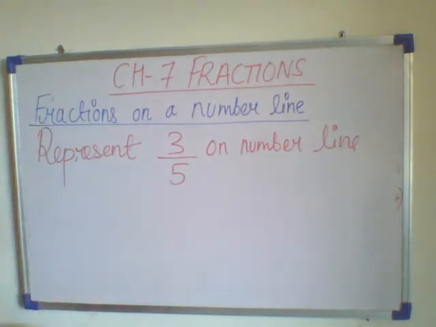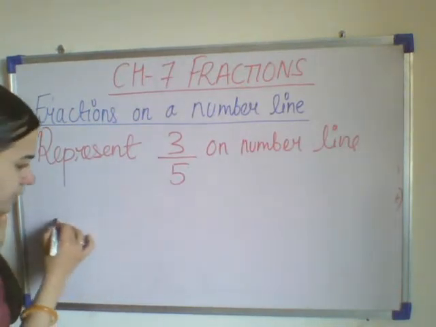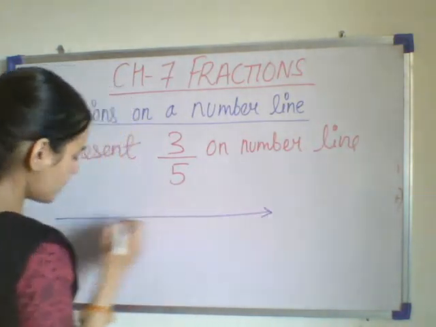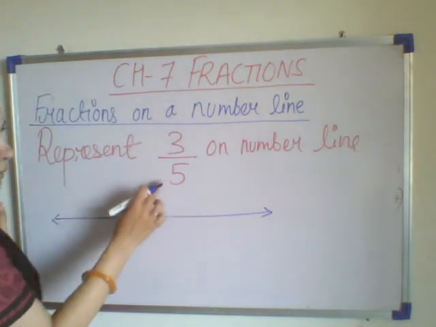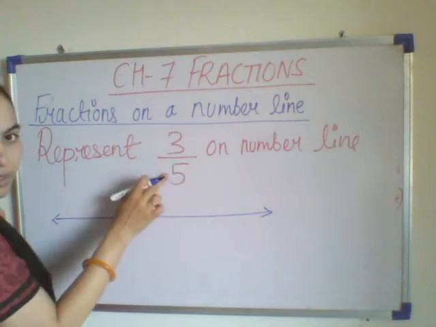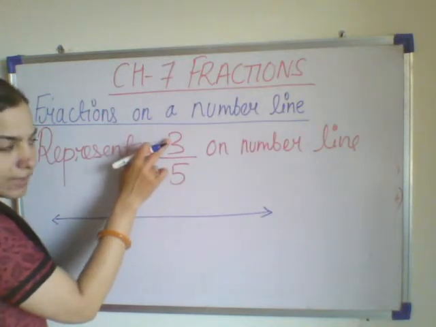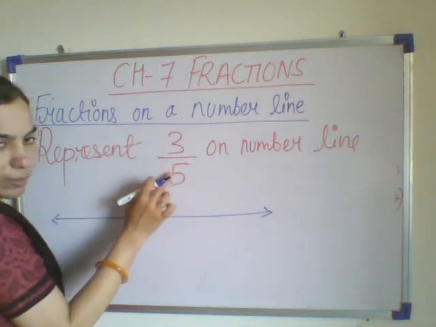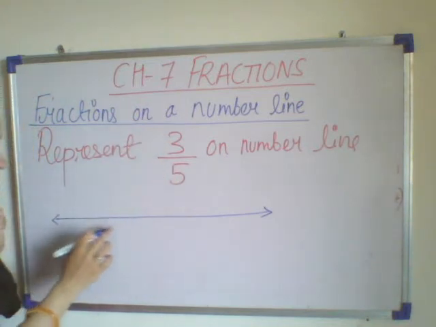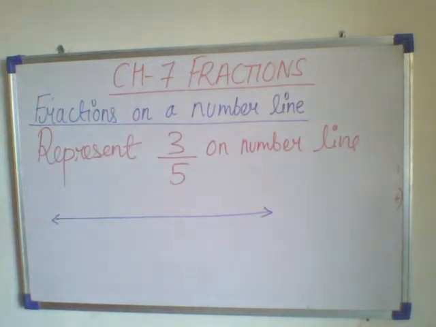So first of all we will be drawing a line. Now what we have to represent? 3 by 5. What is the denominator? Denominator is 5 and what is the numerator? Numerator is 3. So here the denominator is 5, so first of all we will be dividing the line segment into 5 equal parts.